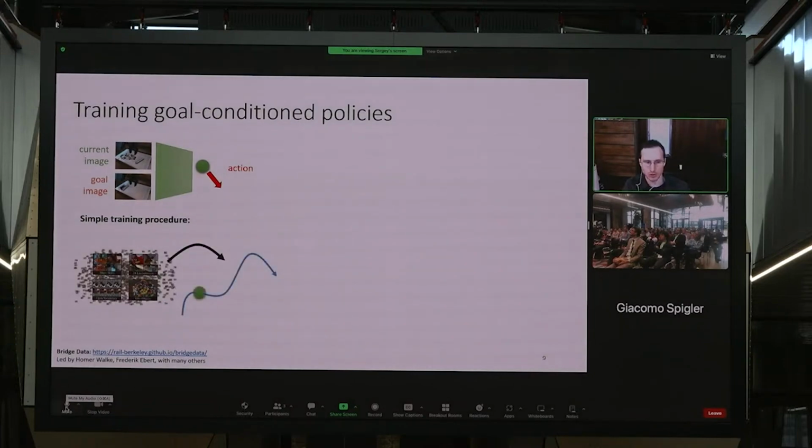And along that trajectory, you sample two time steps, an earlier one and a later one in green and orange. And then you construct a training tuple where the inputs are the green and orange image, and the output is the action taken at the green image. So that's your training tuple. The reason this works is because you know that whatever action was taken at the earlier time step, the one shown in green, eventually led to the later time step shown in orange.